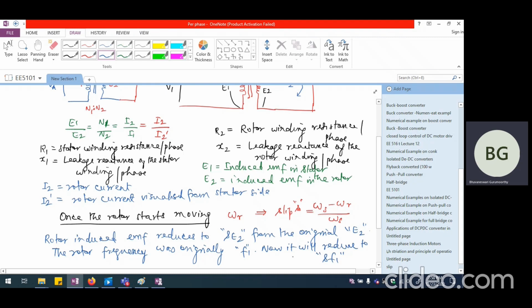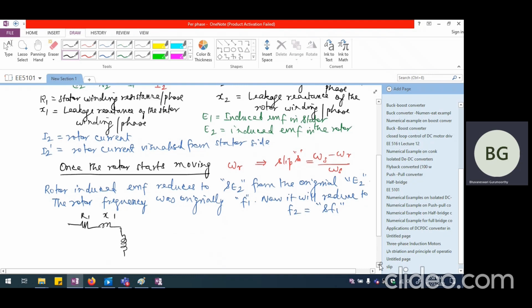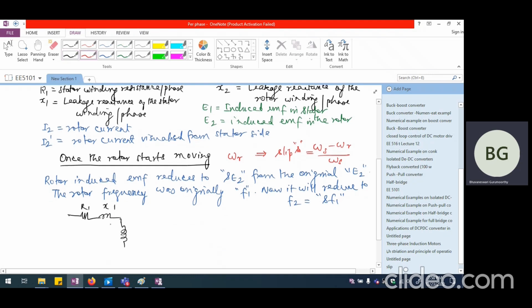So we are going to have F2 equal to S times F1. So correspondingly, let's try to draw the equivalent circuit. We are going to have R1, we are going to have X1, and we are having the stator side induced EMF, which is corresponding to E1.